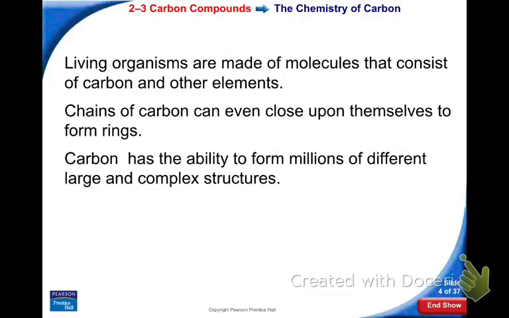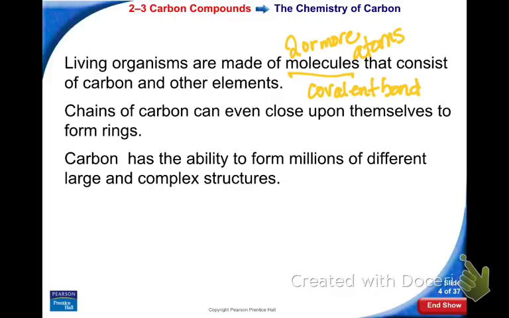So, all living organisms are made up of molecules. Remember, molecules are 2 or more atoms connected together with covalent bonds.